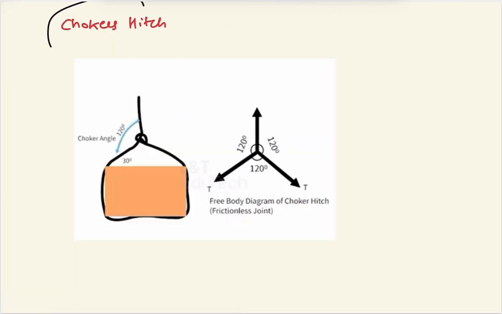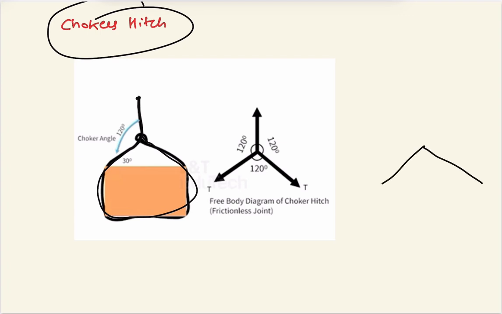The other hitches are basically choker hitch and basket hitch. Now there is choker hitch. In the choker hitch, the same wire rope is passing through the eye, then it will be tied over there. If no friction is experienced, then it is like this triangle, and it will have equal angles, 120 degree, 120 degree, 120 degree. This is called the choker's angle.